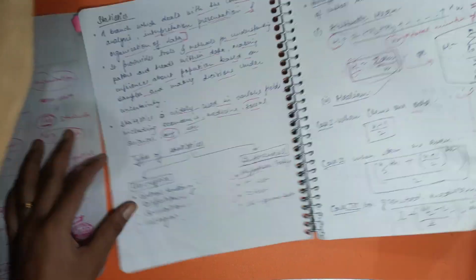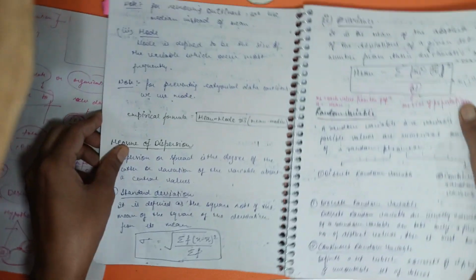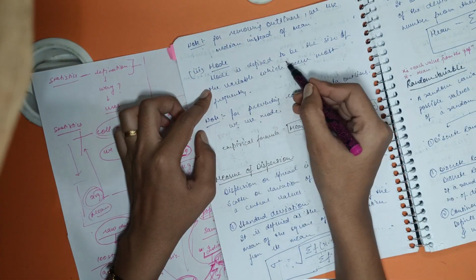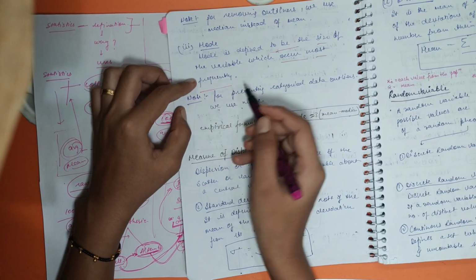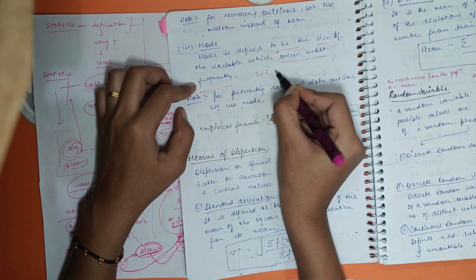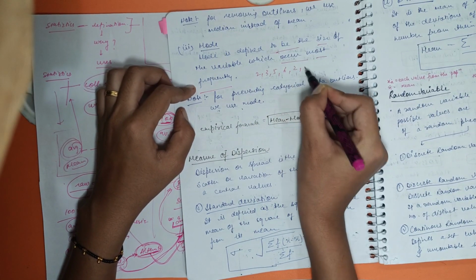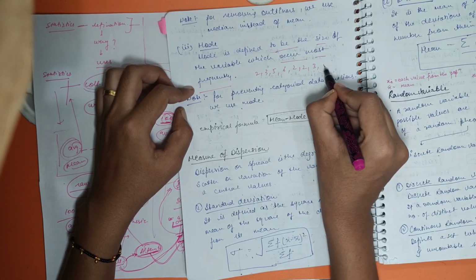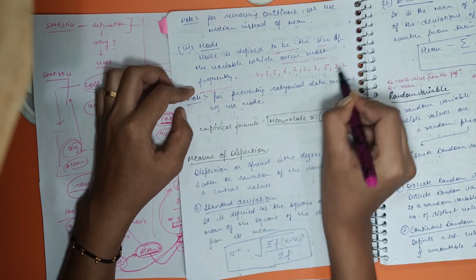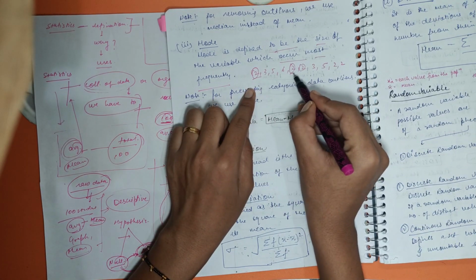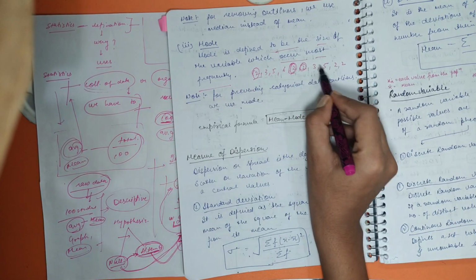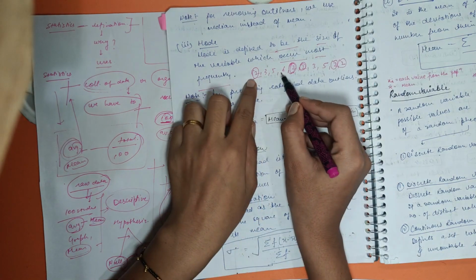So at last, we have mode. Mode is defined to be the value of the variable which occurs most frequently. Like we have 2, 3, 5, 6, 2, 2, 3, 5, and 2, 2. In this, 2 is our mode, because 2 is repeated 1, 2, 3, 4, 5 times.